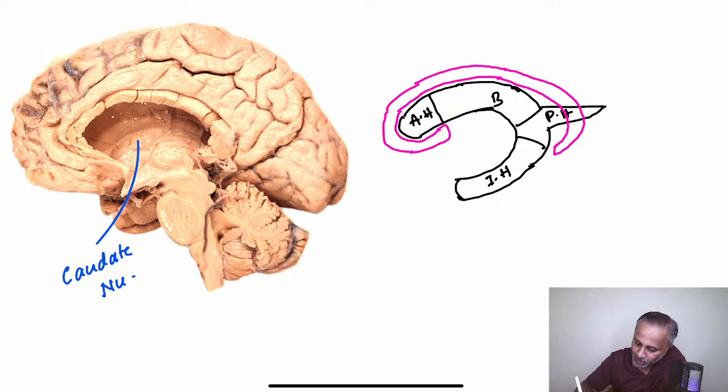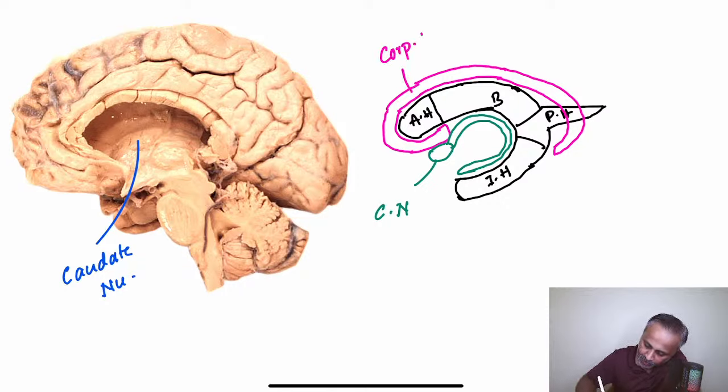Once you know this, one more thing you must know here is the caudate nucleus. Let's imagine we have the head of the caudate nucleus, and this is the body and tail of the caudate nucleus. And this is the corpus callosum.